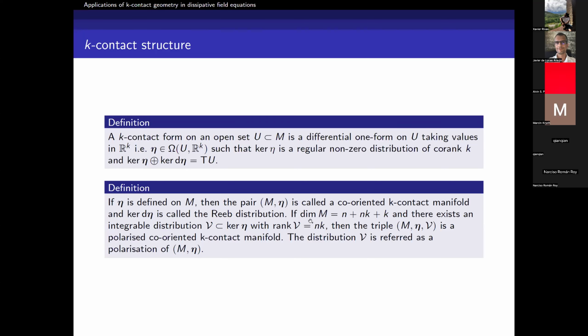If additionally the manifold has the dimension as stated here, and if there exists an integrable distribution with the rank nk, then the triple is called a polarized co-oriented k-contact manifold. And the distribution is referred to as a polarization of the k-contact manifold.